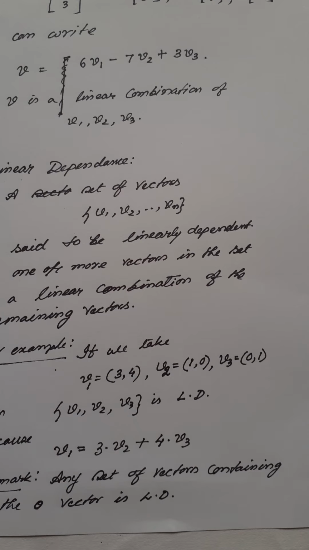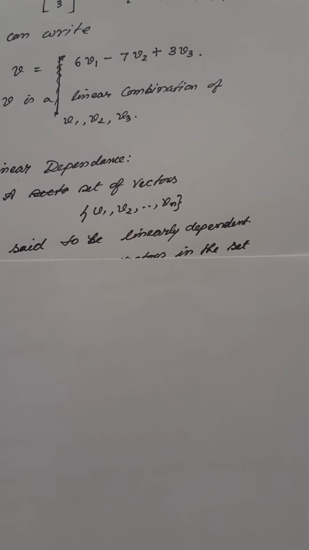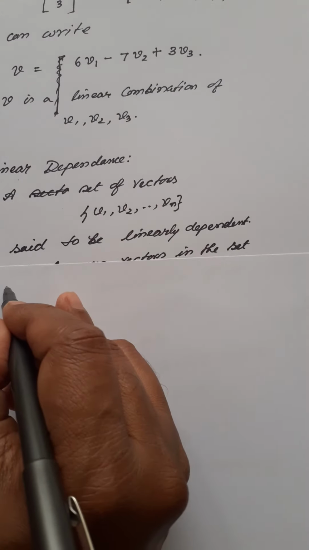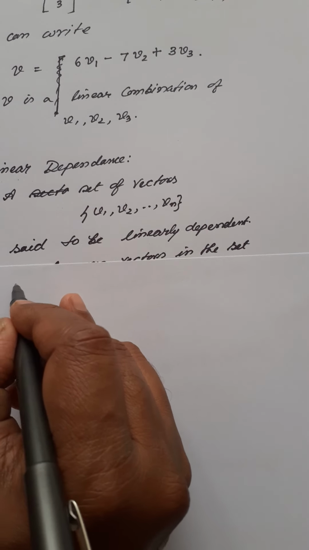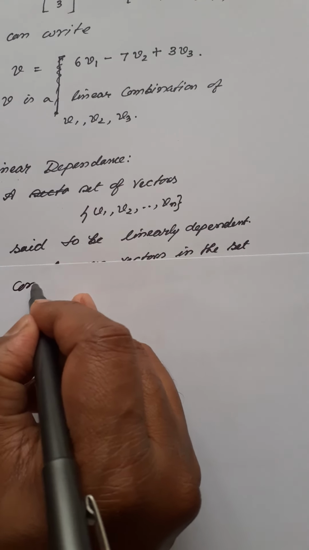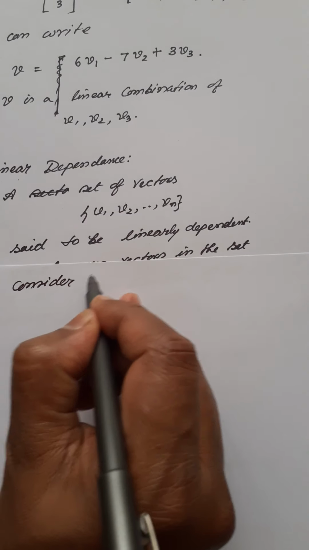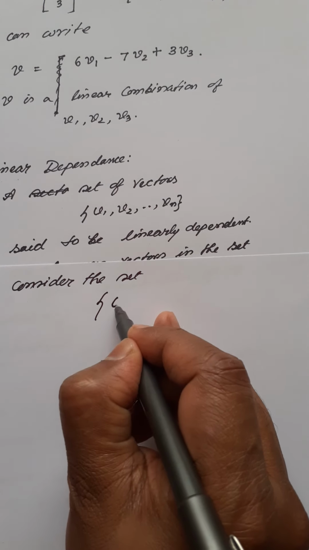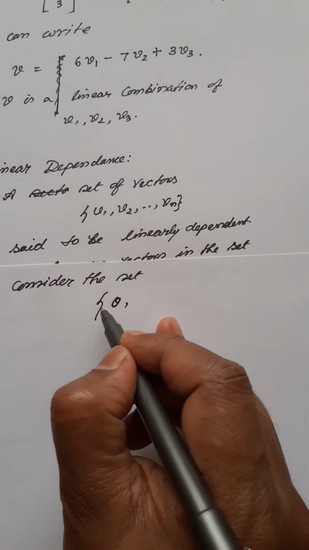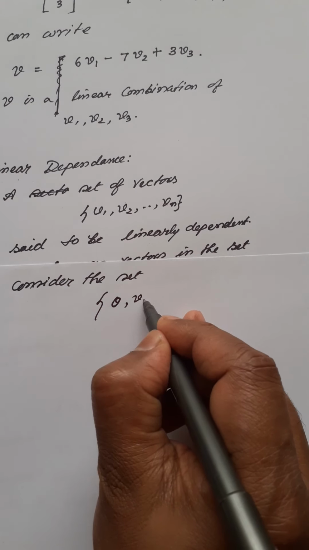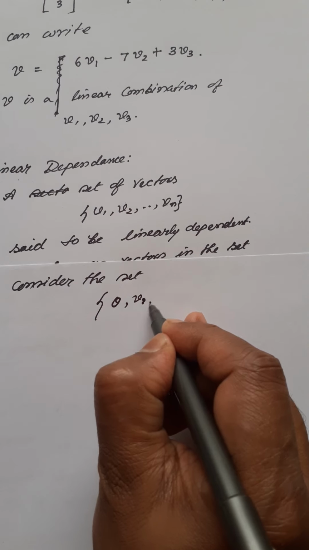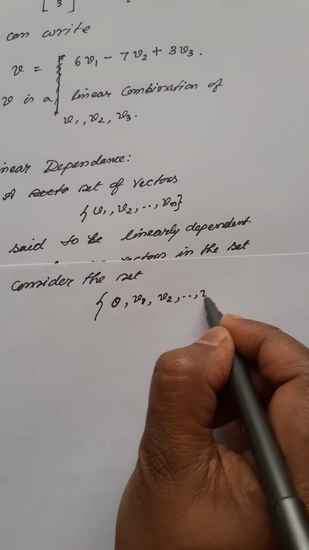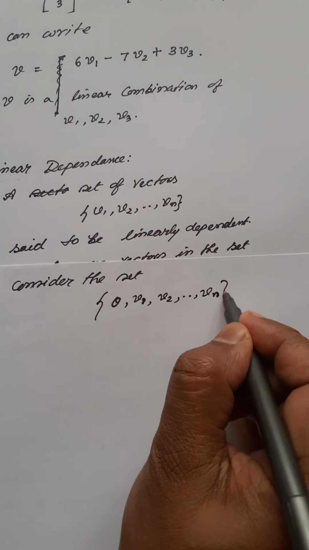Quickly we can see this through this example. Consider the set: zero vector, which I am denoting by theta, and some other vectors, say v1, v2, and so on, vn.